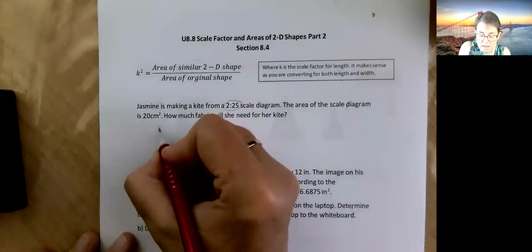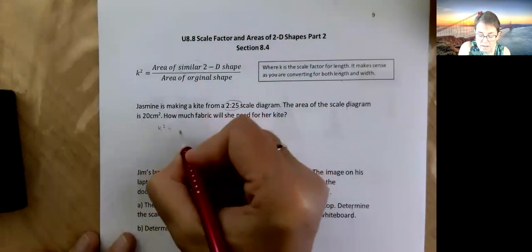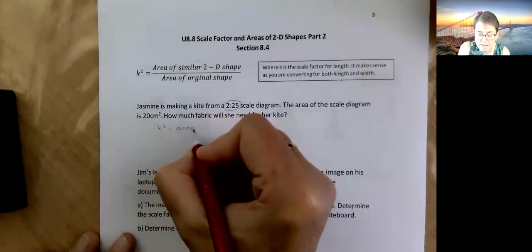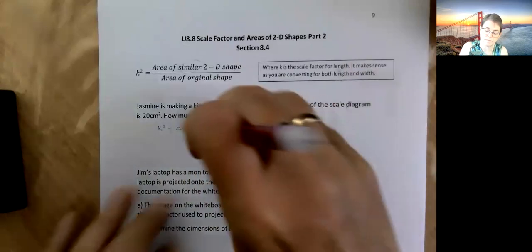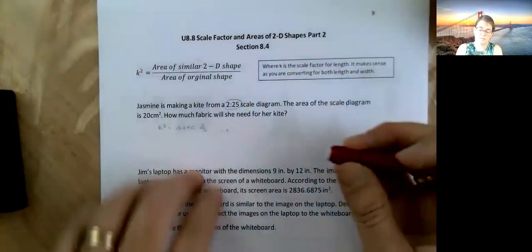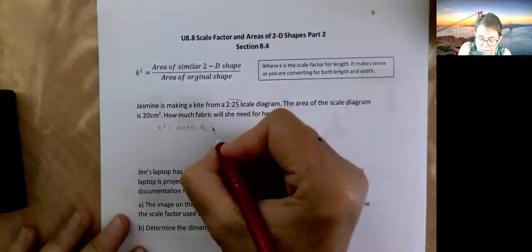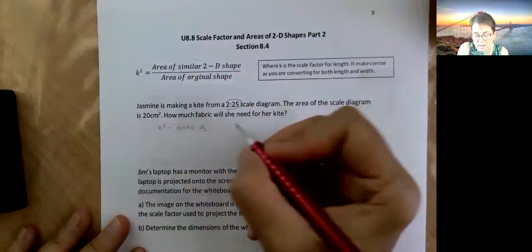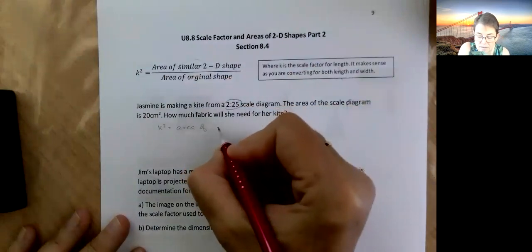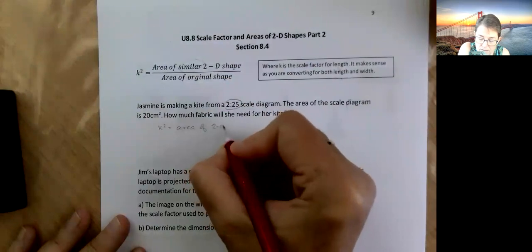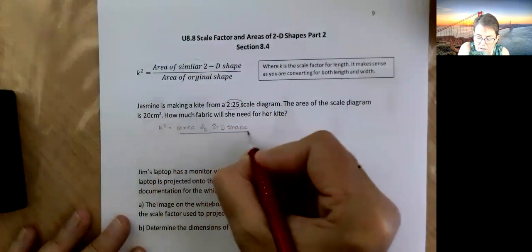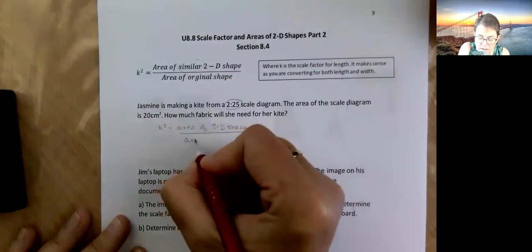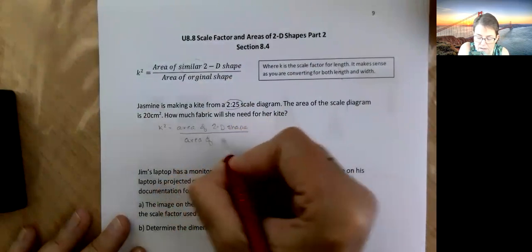So K squared is the area of the 2D shape over the area of the original.